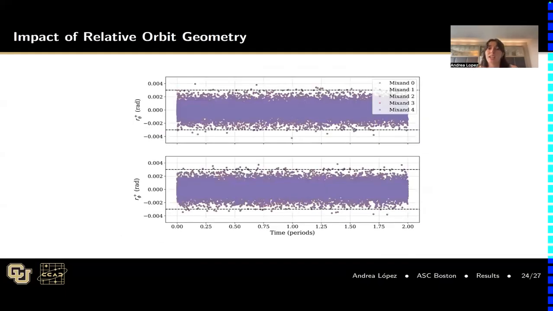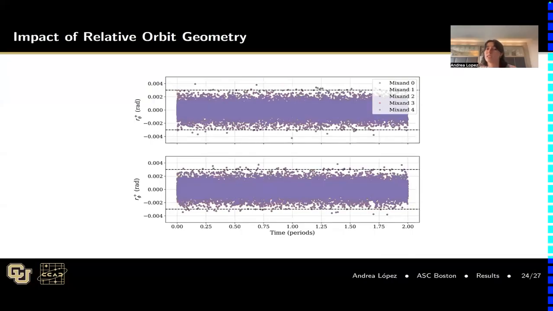So when we look at the post-fit measurement residuals, what we see here, or actually what we do not see really well, is that all of the colors that correspond to the different mixins are pretty much overlapping here. If we really zoom in a couple of orders of magnitude, then we would see how they are not exactly the same.